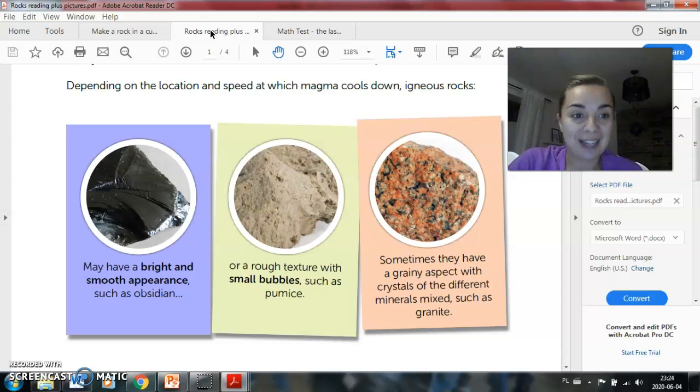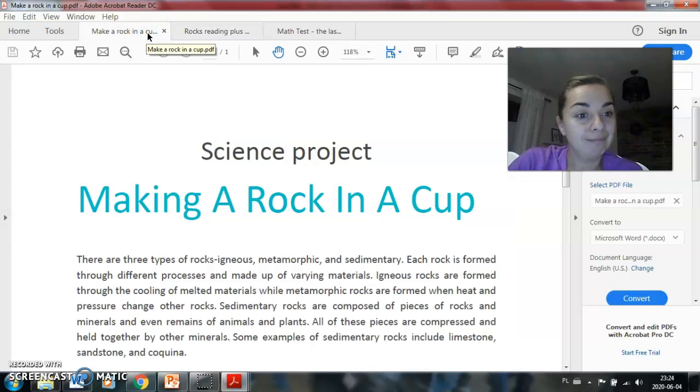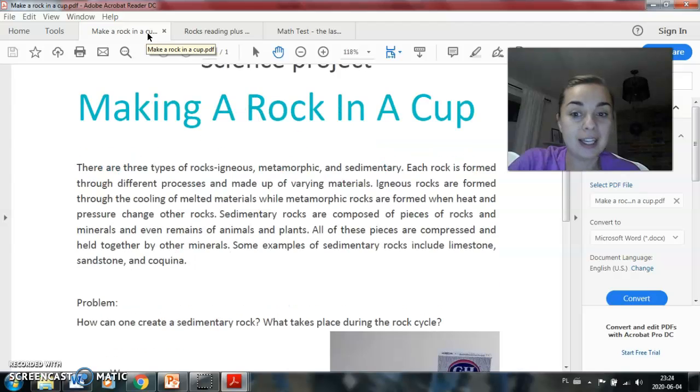And extra task for the volunteers, but I think that actually it would be nice if everyone does it. So I would like you to make your own rock. It's not very complicated. If you've got some sand at home and gravel and sugar, that's all is needed for that project.